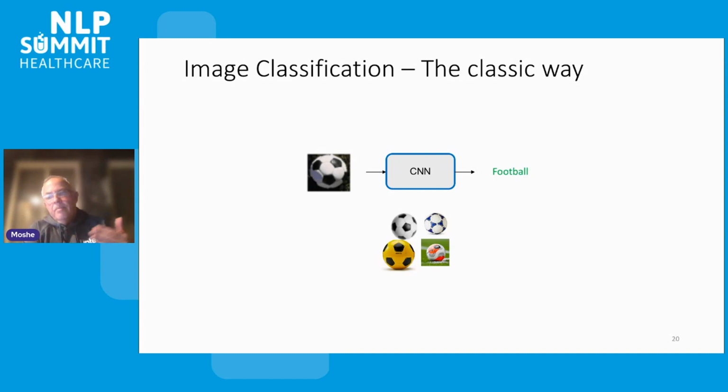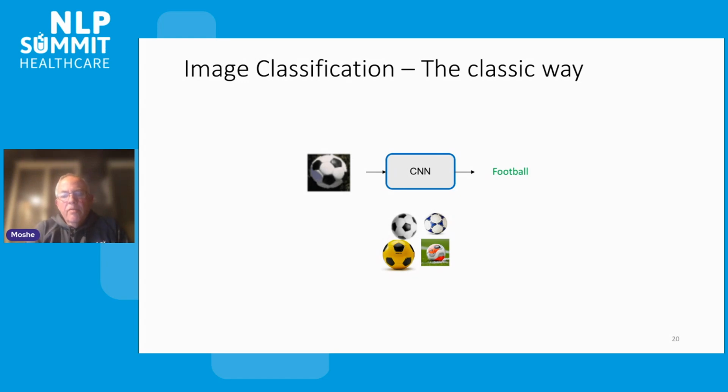The model, in this case a CNN, needs to be trained with thousands of images of football and thousands of images of backgrounds. In such a way, the model learns salient features that represent the football category and uses them to classify new images as football or other.